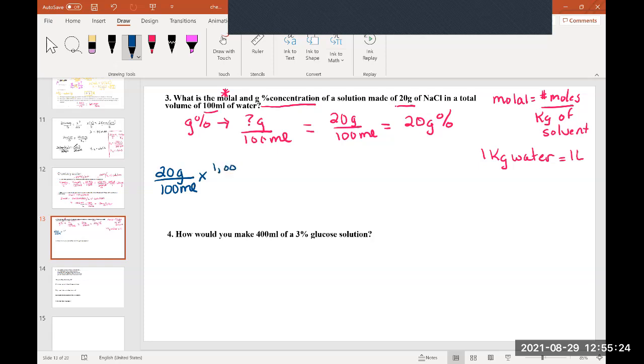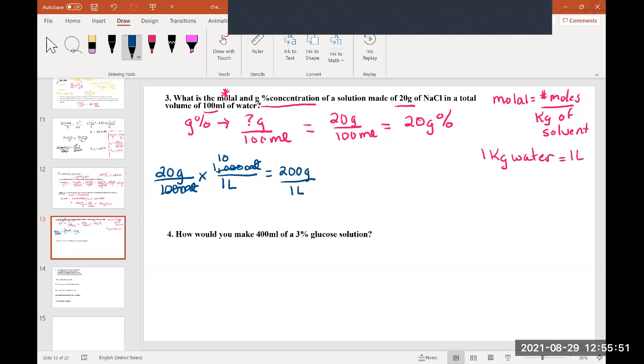There are 1,000 milliliters for every 1 liter, and you can use your King Henry slider to prove that to yourself. Our units cancel. 100 goes into 1,000 10 times. And now I have 200 grams per liter.